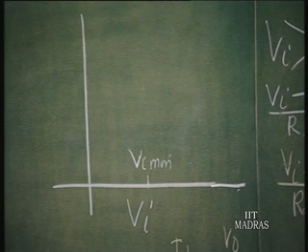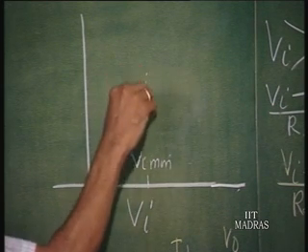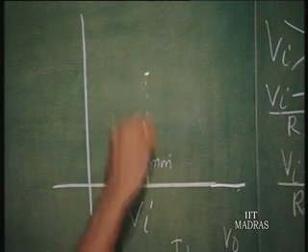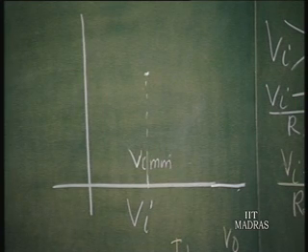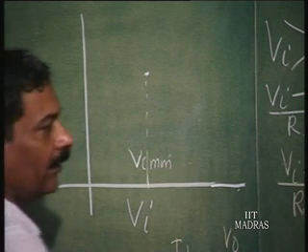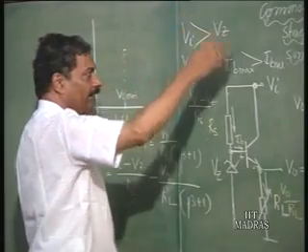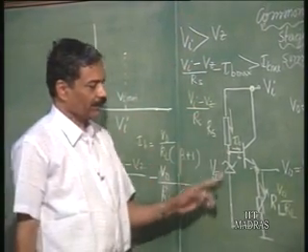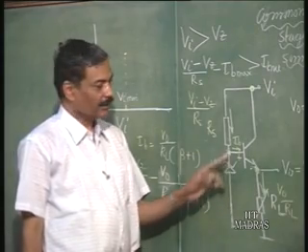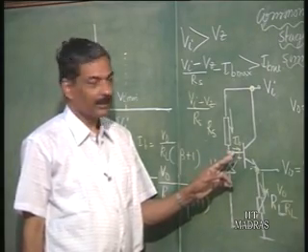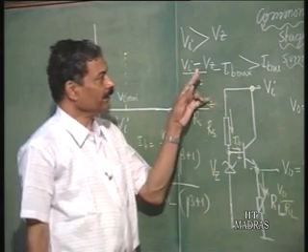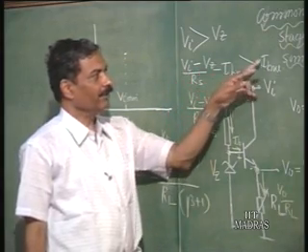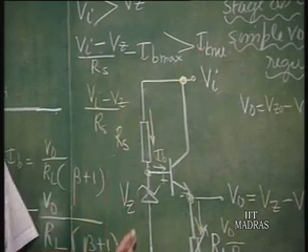Then let us say we are starting at a certain V_I minimum, and we can keep on increasing V_I, then this current will keep on increasing. Now, suppose it is loaded minimum, then this minus I_B minimum will be the maximum current that will flow through the Zener.